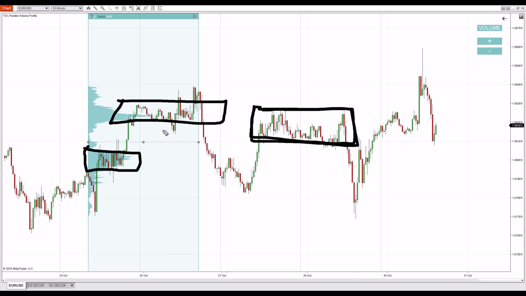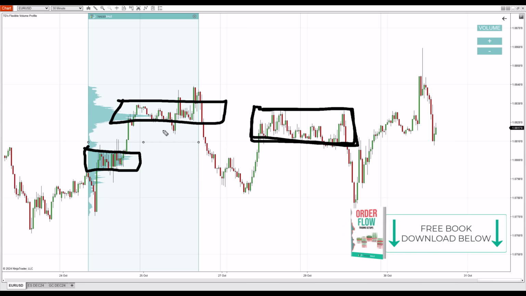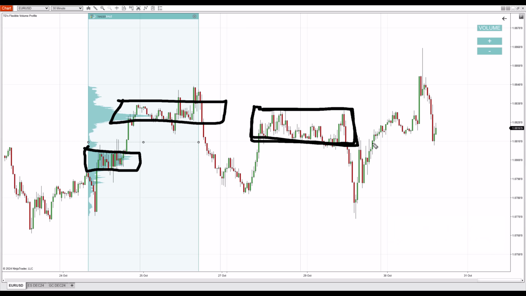Also, for example, in here. And the reason is that the big trading institutions are very often accumulating their trading positions. In other words, they are entering their trading positions there. And the reason why they do it in rotations is that in a rotation, they can accumulate their trading positions without being noticed.